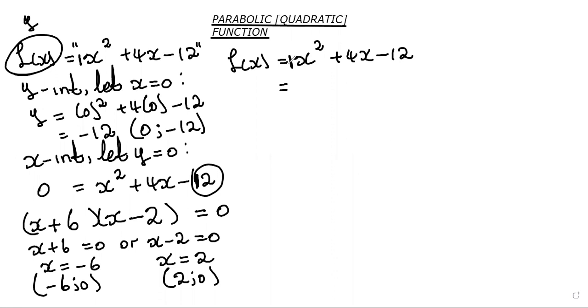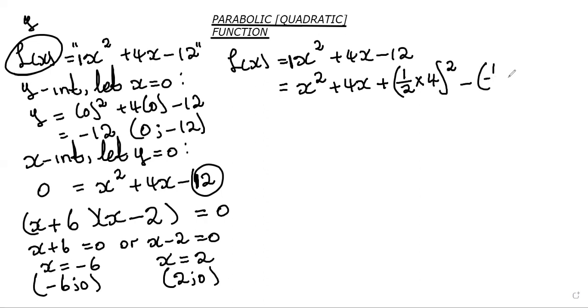But in this case, since it's going to be 1, we don't take anything out. So we write the x squared and the 4x like that. But after doing this, we say plus. We open a bracket. We say 1/2 multiplied by the coefficient of x, and then we square this.